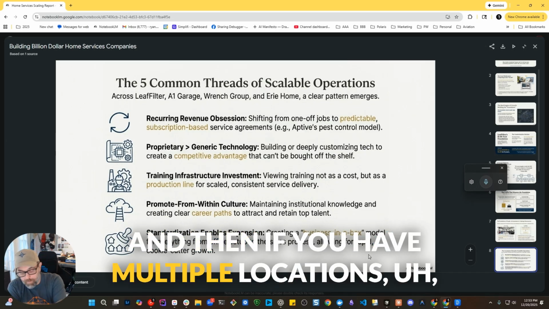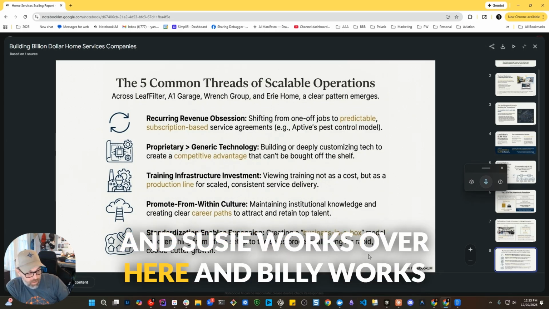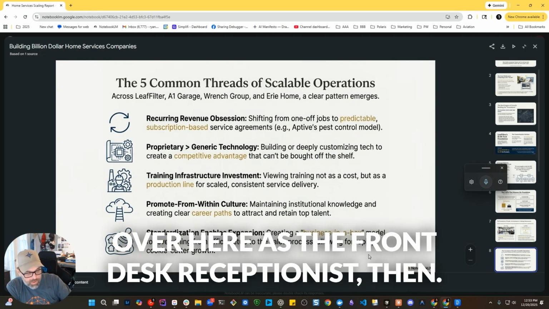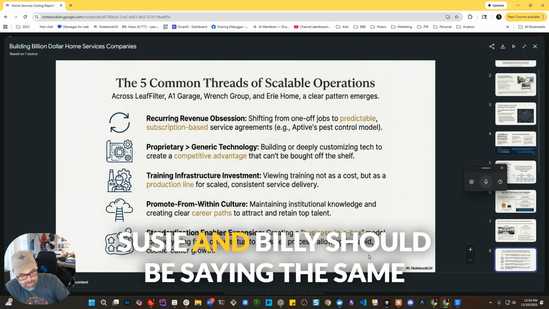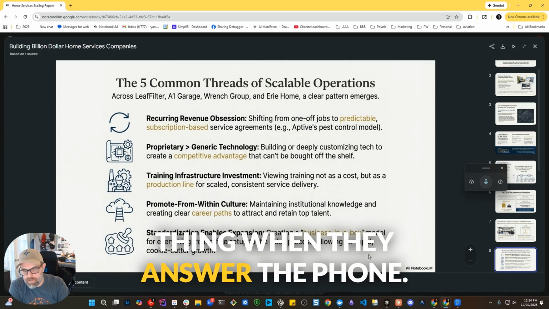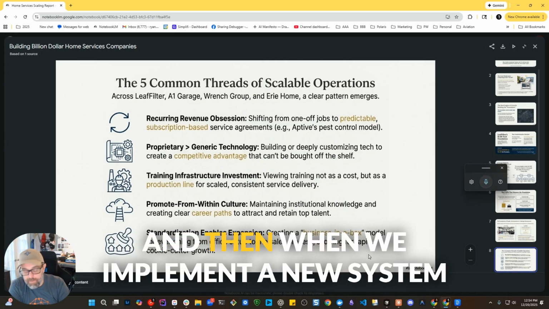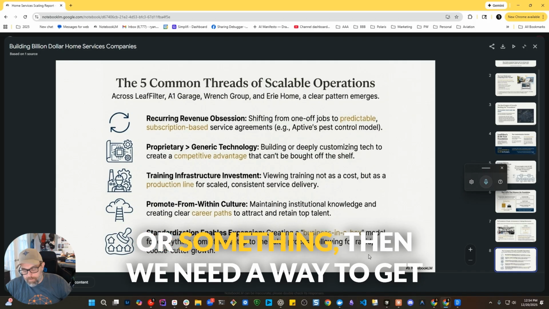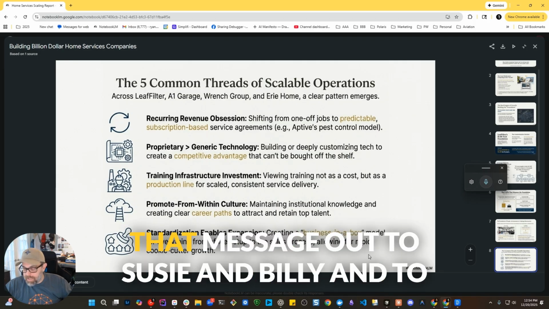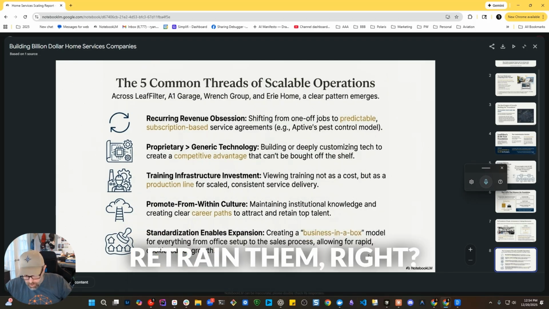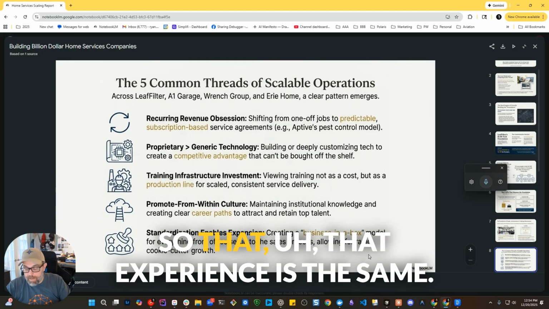And then if you have multiple locations, and Susie works over here and Billy works over here as the front desk receptionist, then Susie and Billy should be saying the same thing when they answer the phone, right? And then when we implement a new system, we need a way to get that message out to Susie and Billy and to retrain them, right? So that the experience is the same.